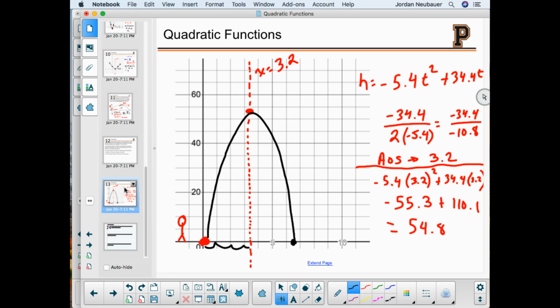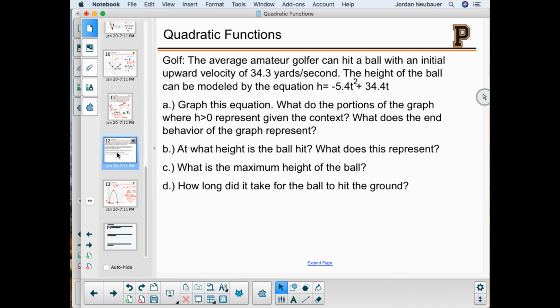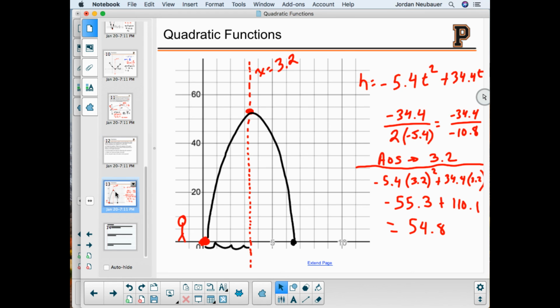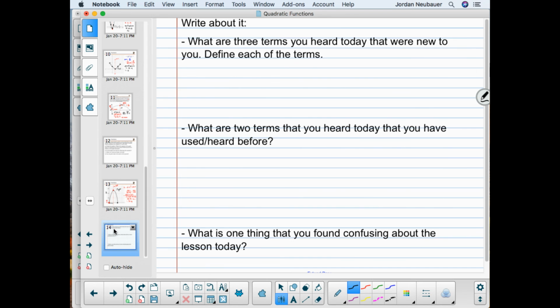And if you look back to that question here, graph the equation, what do portions of the graph where h is greater than 0 represent? Basically when h is greater than 0, remember h is over here, that's the flight of the ball, and how high it actually gets.